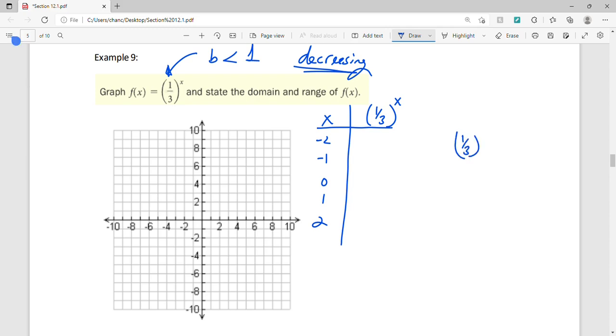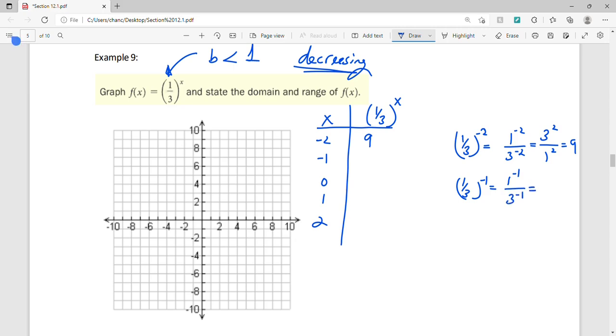1/3 raised to the negative 2 is equivalent to 1 raised to the negative 2 divided by 3 raised to the negative 2, which, if you deal with the negative exponents and swap their locations, is equivalent to 3 squared over 1 squared, which is equivalent to 9. So this gives me 9. 1/3 raised to the negative 1 is equivalent to 1 to the negative 1 over 3 to the negative 1.